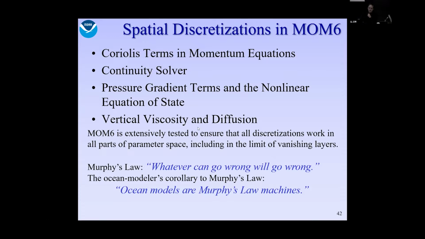And one of the key principles that I think we think about when devising the numerics and the spatial discretizations in MOM6 is Murphy's law, that whatever can go wrong will go wrong, or one of my favorites, the ocean modeler's corollary to Murphy's law, namely that ocean models are Murphy's law machines.